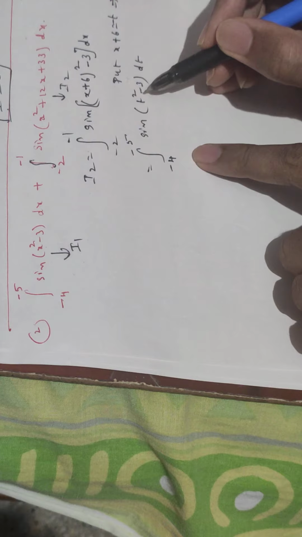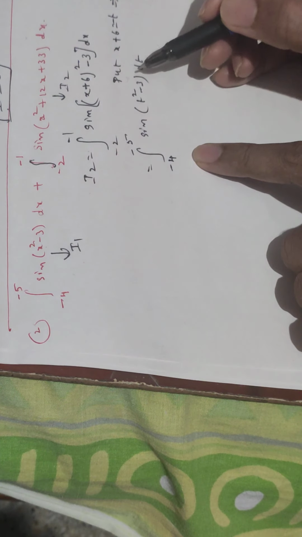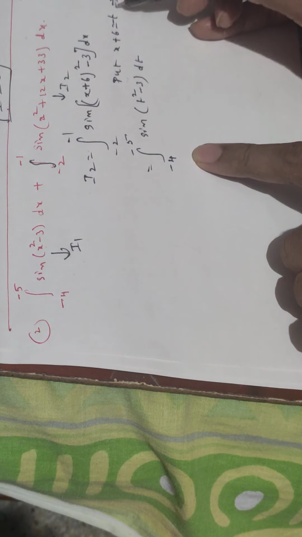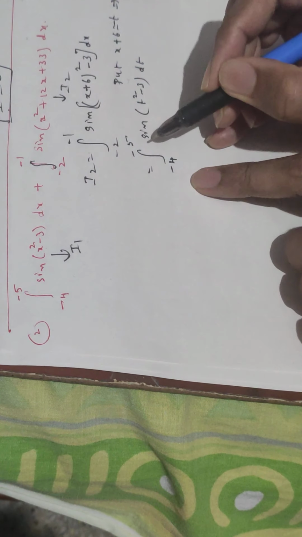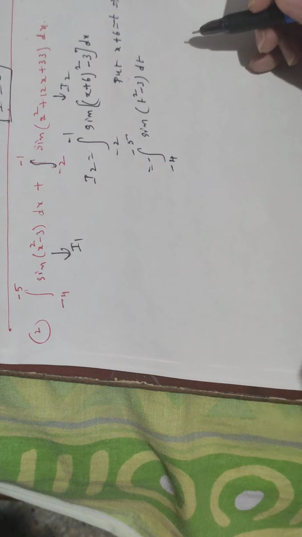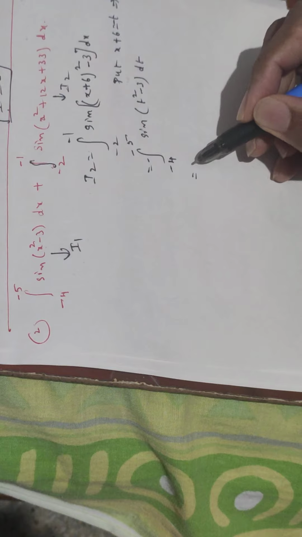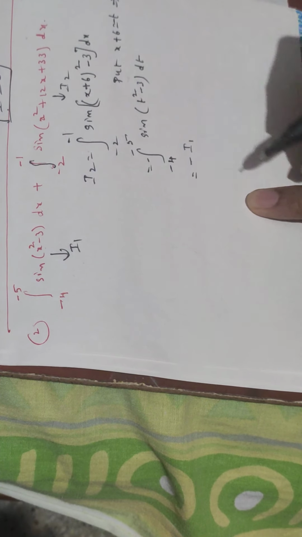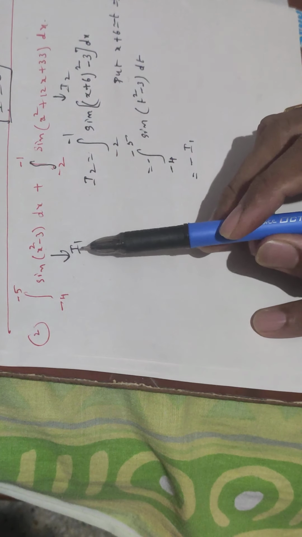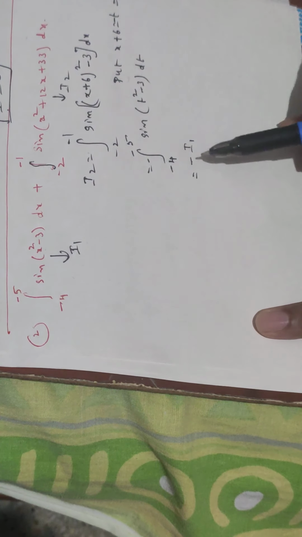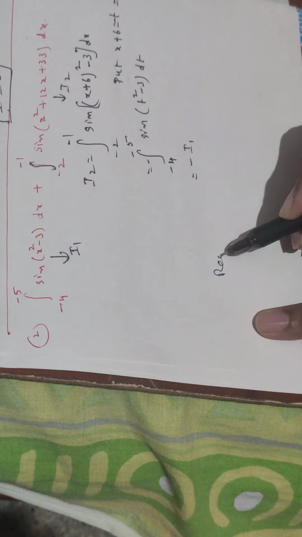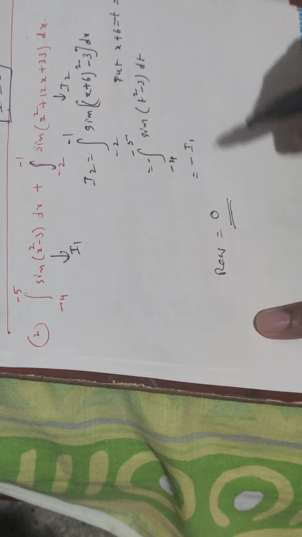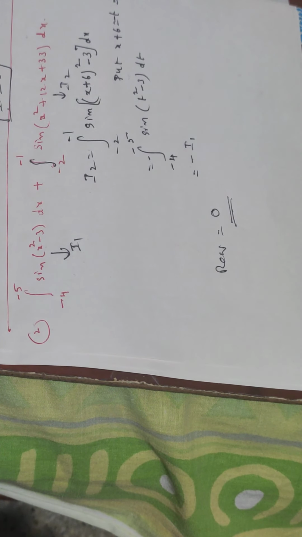Sine of (t square minus 3) as it is, not changed. And dx equals minus dt, so you will get a minus sign. So by observation it is exactly minus I1. That's why, what is the answer? First integral is I1, second integral is minus I1. Therefore the required answer is 0.